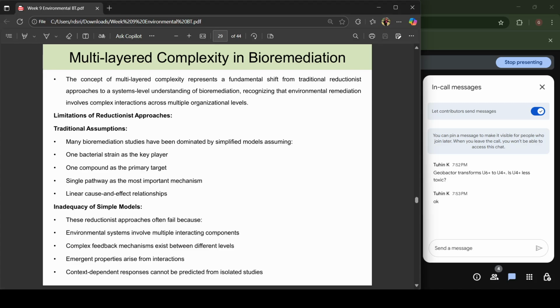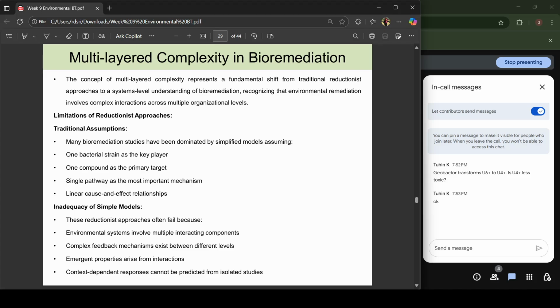So next we will talk about the multi-layered complexity in bioremediation. The concept of multi-layered complexity represents a shift from traditional reductionist approach to systems level understanding of bioremediation. So reductionist approach in the sense isolating one organism, studying it, and then generalizing its function to the entire ecosystem is the traditional reductionist approach. From that, we have to have a systems level understanding of bioremediation.